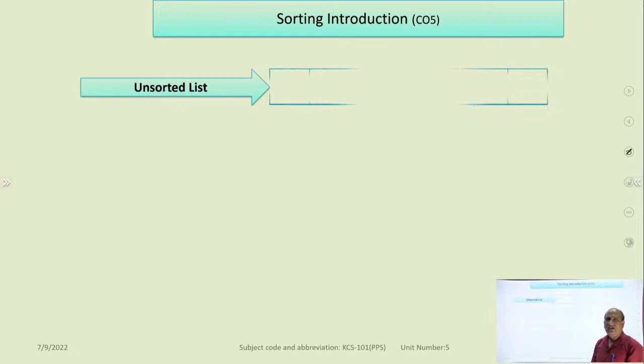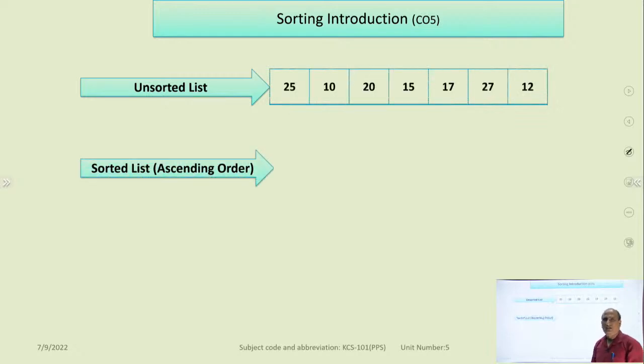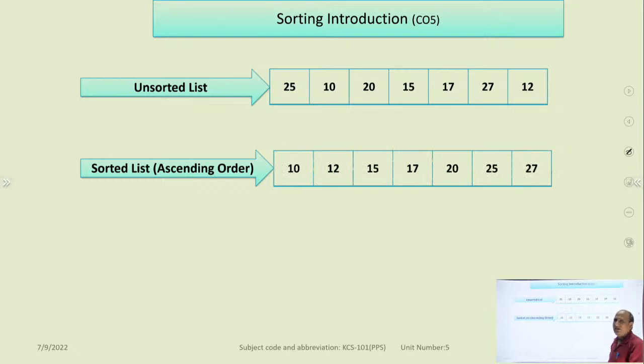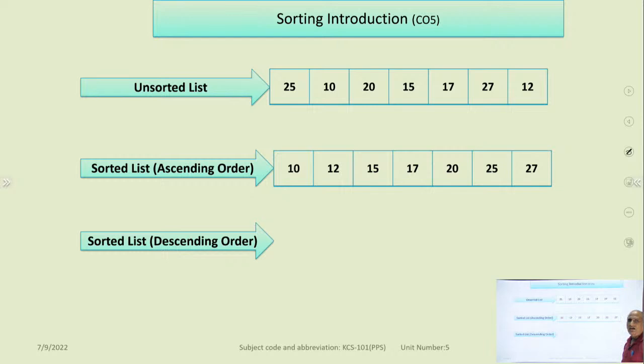If the list is unsorted like this, and we want to arrange this data in logically ascending order, then it will look like this when sorted in ascending order, and like this when sorted into descending order.